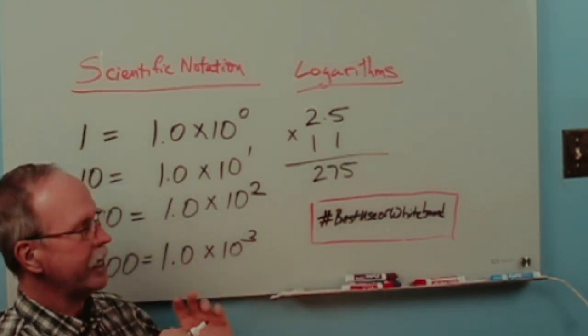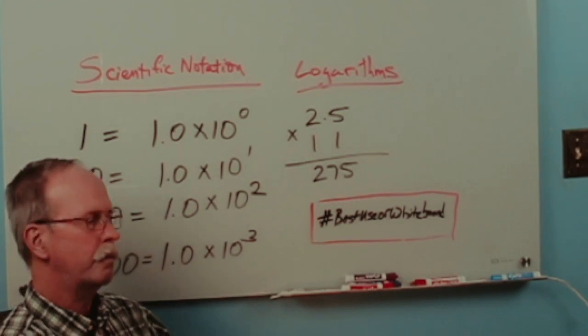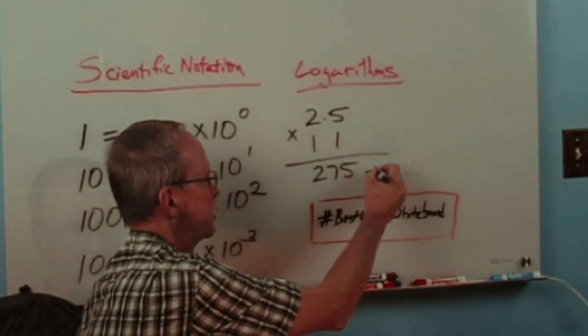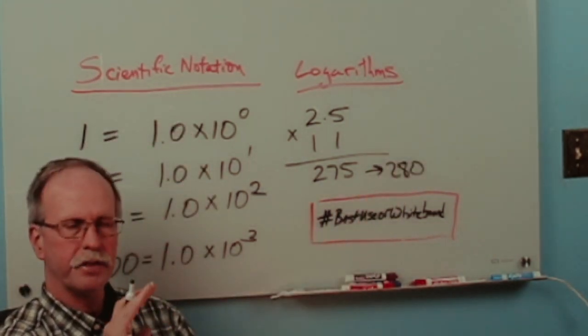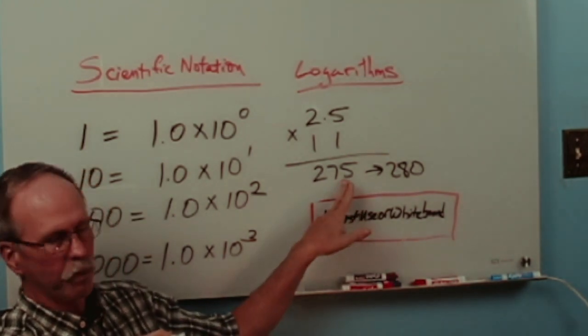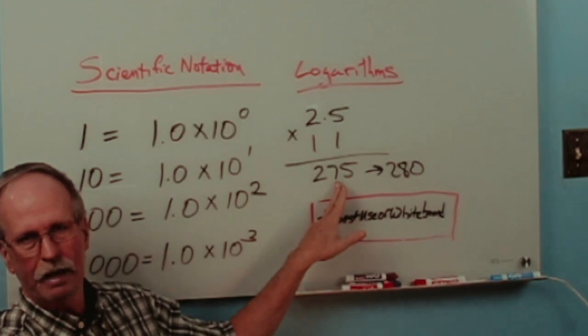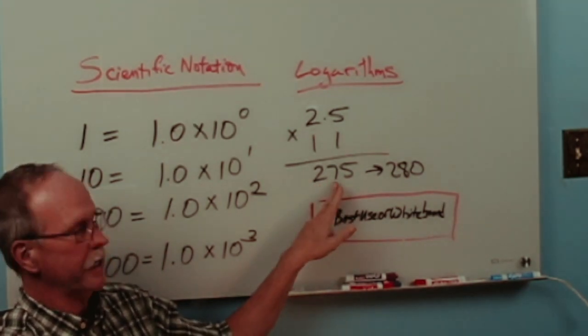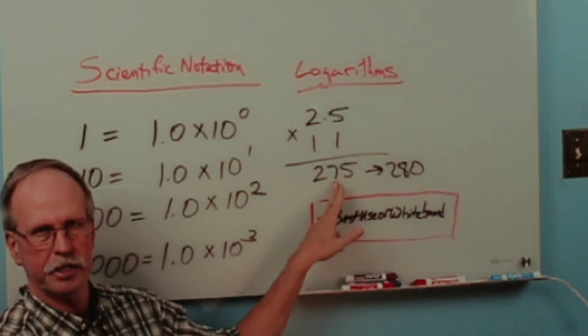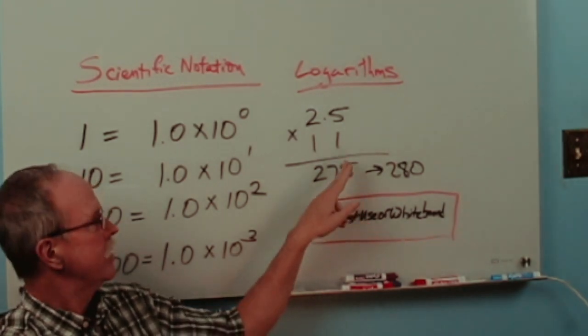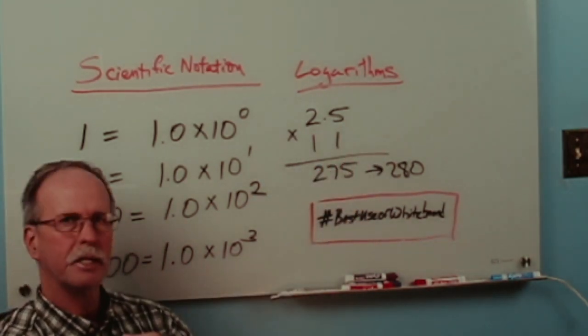Well, in science, probably not. We would probably have to report this out as 280 for the simple reason that we're going to have to disregard this last digit, or perhaps round it up, because we can only really be confident in these first 2 digits. This third one is beyond the significant digits that we were working with.